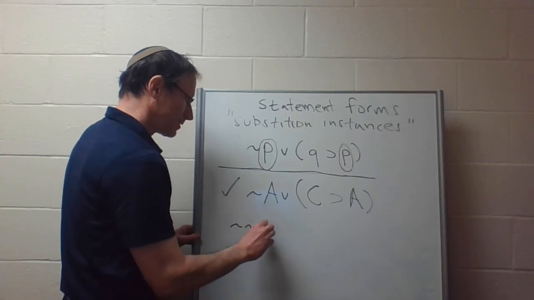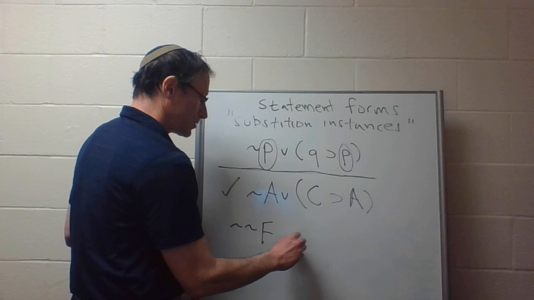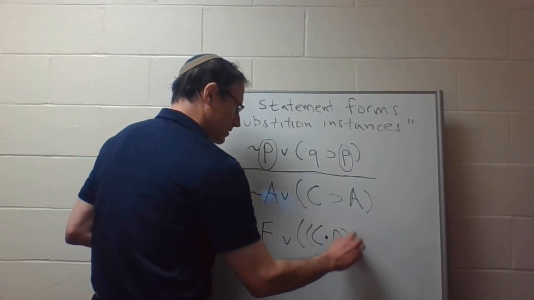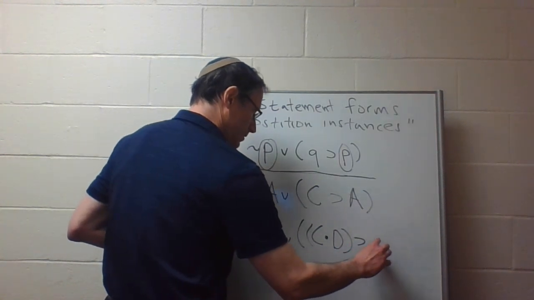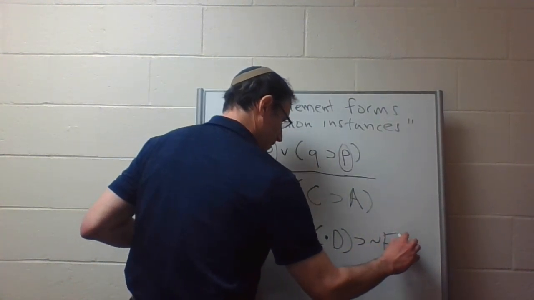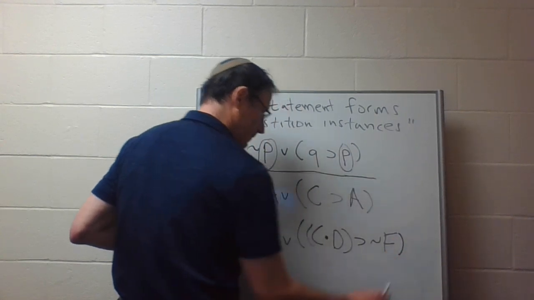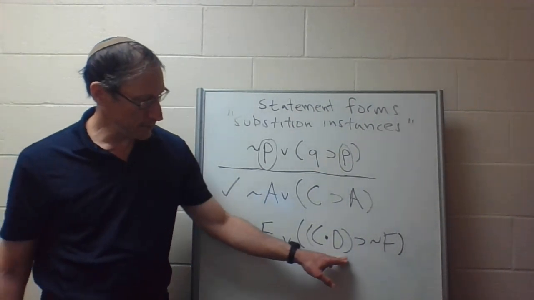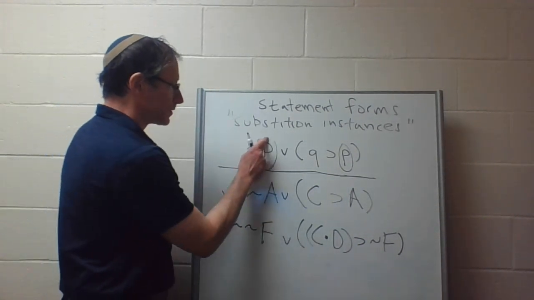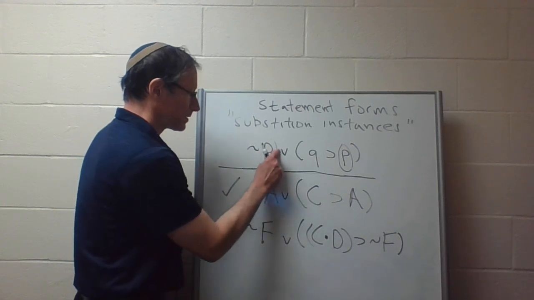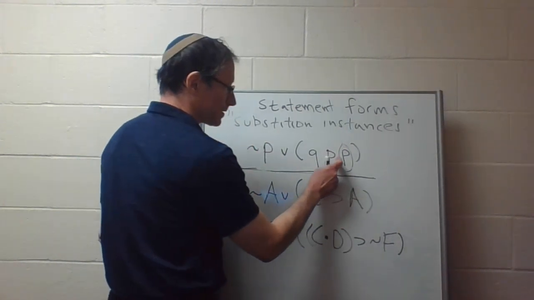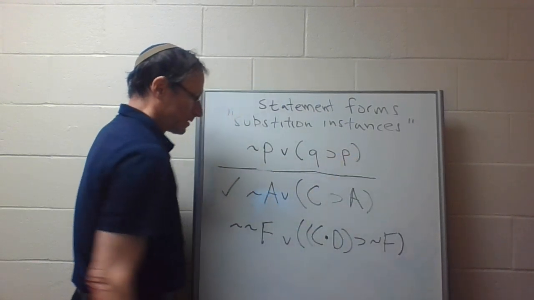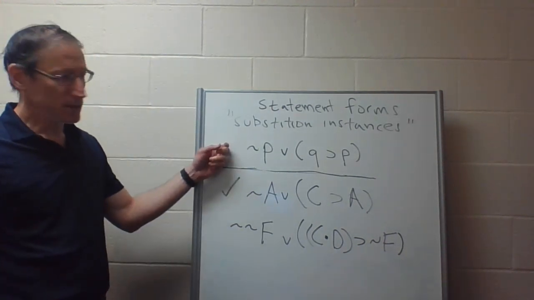Tilde, tilde, F, wedge, C dot D, horseshoe, not F. Let me get rid of these circles for a second. Is this a good substitution instance of this top form?